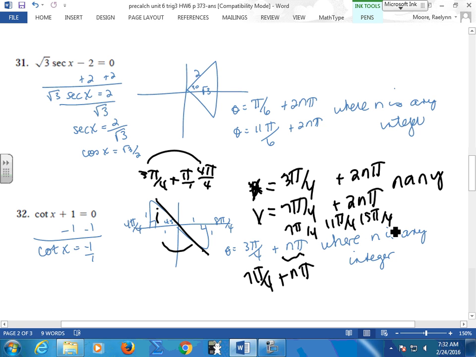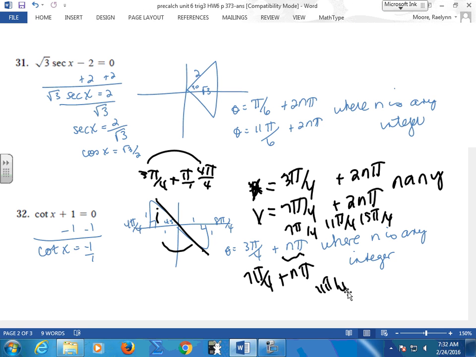You're getting the same ones here, 7 pi over 4, 11 pi over 4. You're just repeating it. It is not wrong, but you only need one of them to hit the other one. When they're opposite each other, then you're fine with that. Cotangent and tangent will be opposite each other. Because what is their period? It's not 2 pi, right? What is their period?